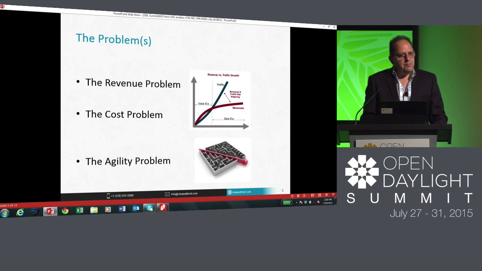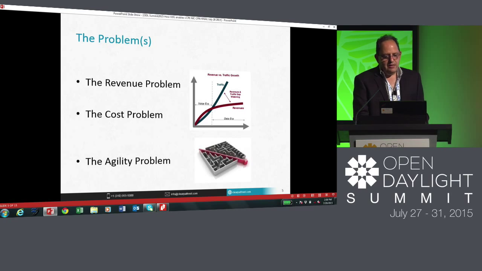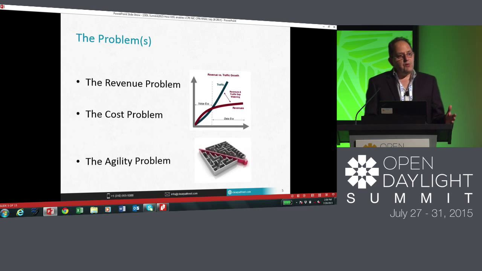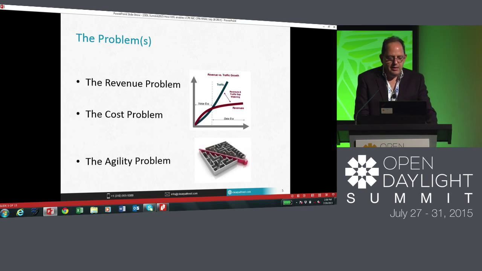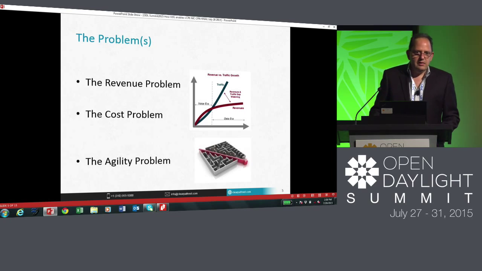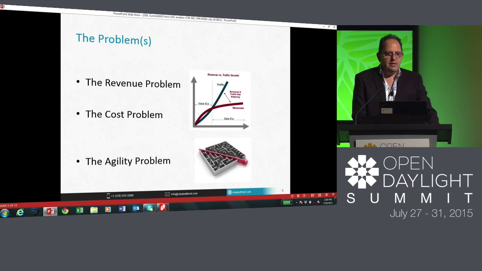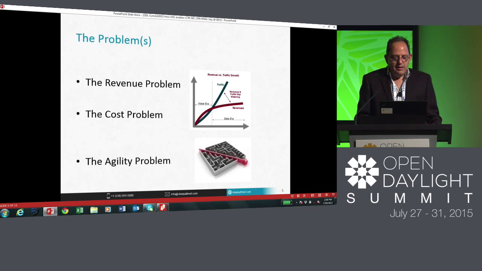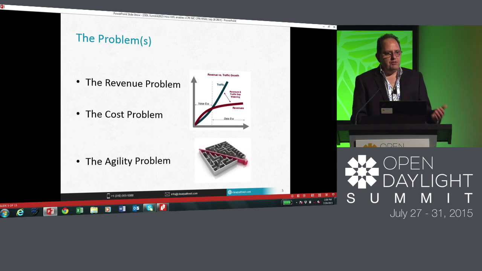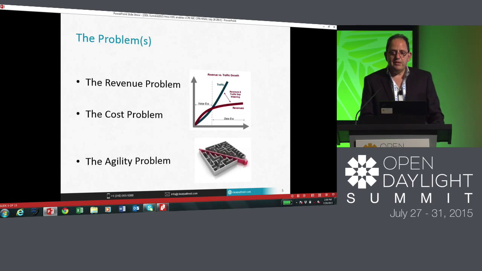So what are some of the problems? Well, I tried to map it out into 3 distinct problems: the revenue problem, the cost problem, which is related, and the agility problem. The revenue problem is clearly the fact that even though there is additional value with higher speed connections and some value-added services, the ARPUs, the average revenue per user, have actually been pretty flat.